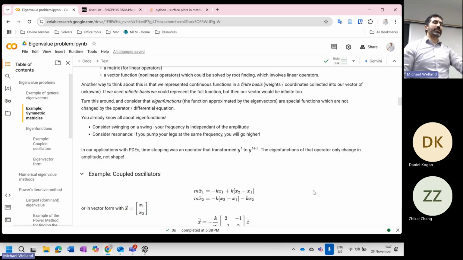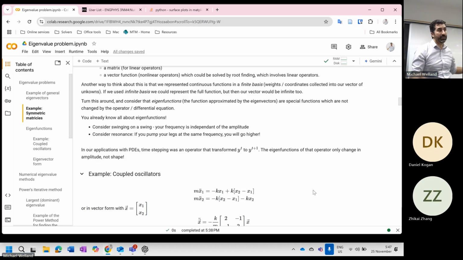In our last couple lectures, we were talking about PDEs and time steps. Those time stepping algorithms are our linear operators. They are how we take the system from one time step to the next time step. So in that context, the eigenfunctions for that time stepping scheme are whatever doesn't change shape when you go from one time step to another.